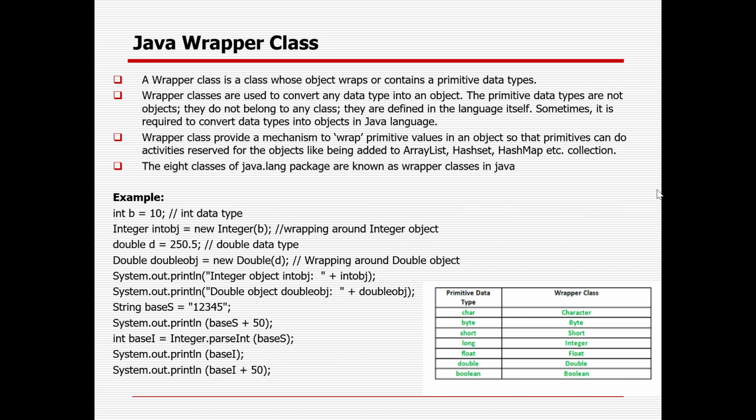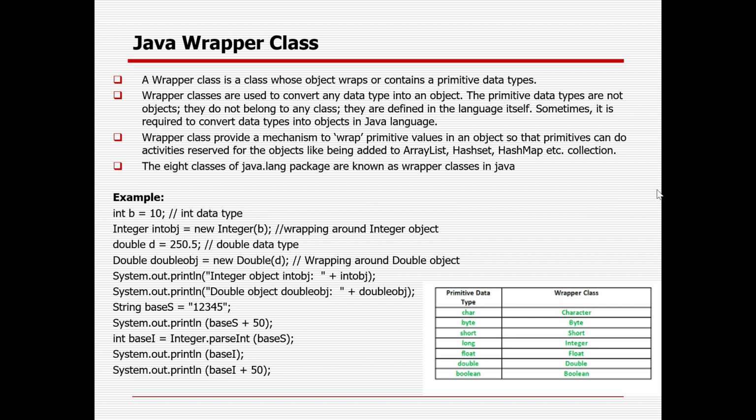Then another thing is called wrapper class. As of now you have already seen data types, like integer, float, double, char, all this stuff. And you already learned about strings, and apart from that you already learned about the non-matrix, what is that? Array. In the array also your data types will work.